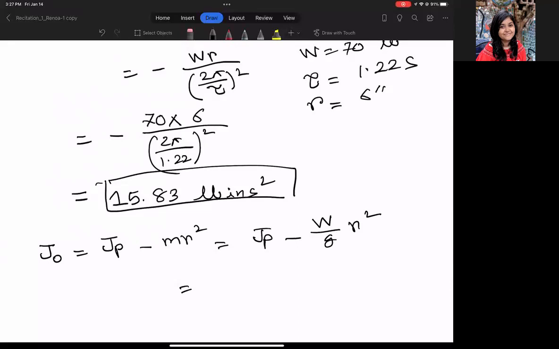So the rotational mass moment of inertia around point P is 15.83, W is 70, and we're going to use G in pound, and R is 6 squared. So if we put all the values, the answer would be 9.30 pound inch second square.